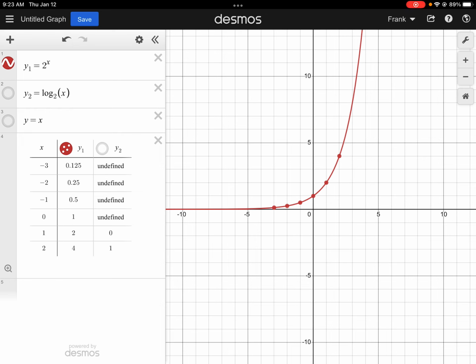Now I'm going to plug in the same x values into log base 2 of x. And on the table, you can see that there are several that are undefined. Now remember, we cannot take the log of a negative number, nor can we take the log of 0. All of those values are going to be undefined.